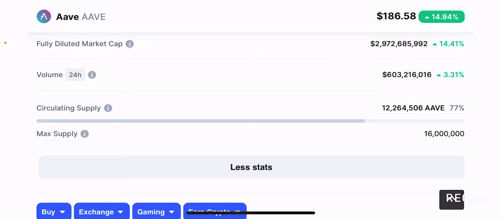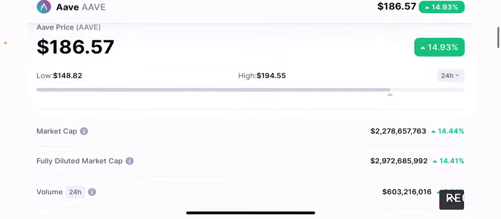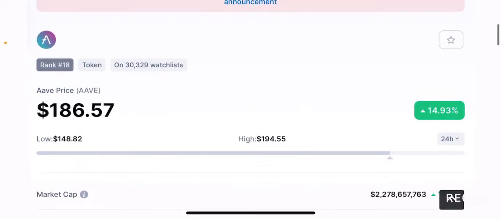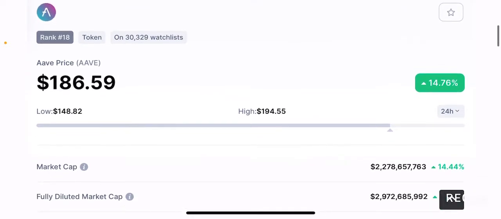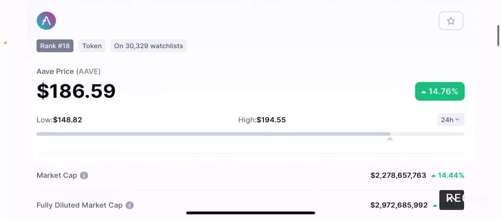So again, I believe that DeFi has a very strong place in the crypto markets, in the crypto environment, and also it's going to definitely replace the current traditional financial system. And one of the main key players that will lead the way is AAVE.